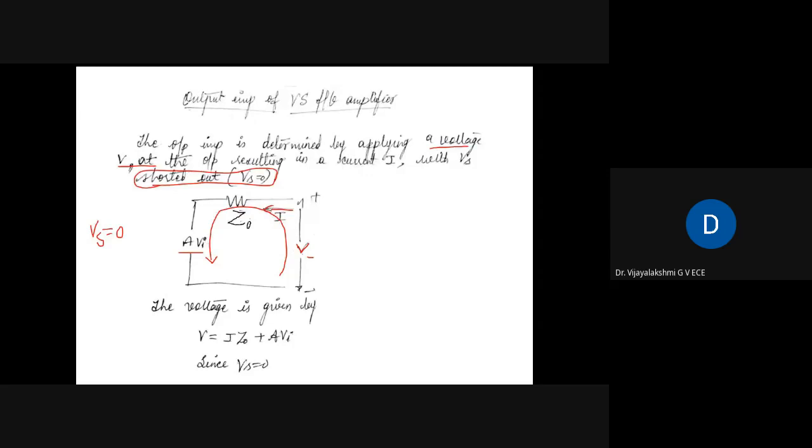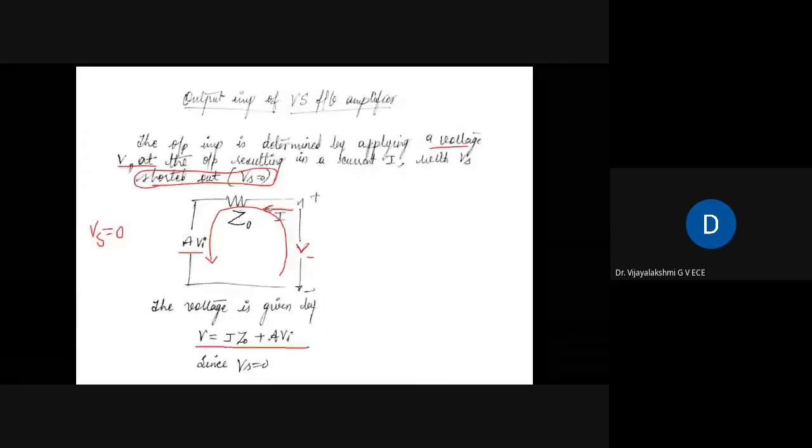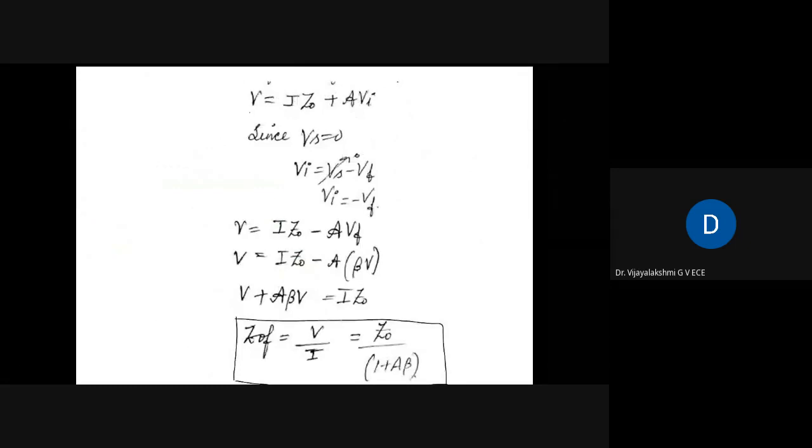So this is the same equation we have written here by applying the KVL: V is equal to I into Z0 plus A into Vi. Now we know that Vs is equal to 0, right? So we make Vs equal to 0 in the equation of Vi. We all know Vi is equal to Vs minus Vf. So I make Vs equal to 0 and I get Vi is equal to minus Vf.